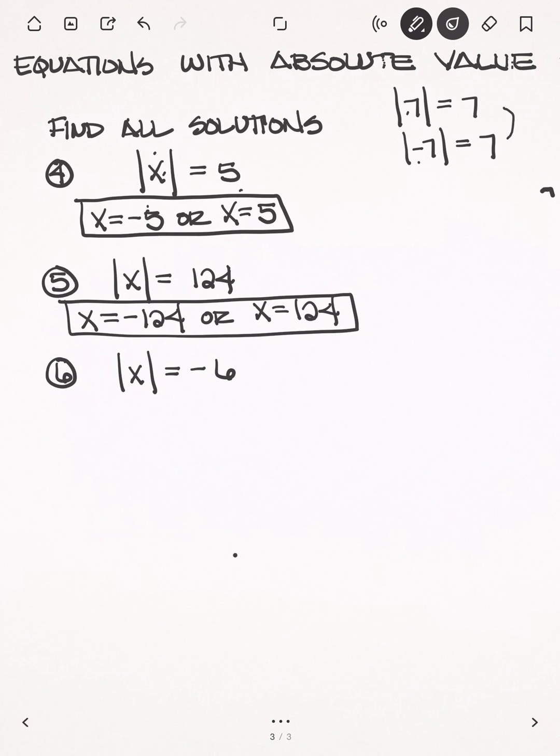So how are we going to take the absolute value of something and get a negative 6? What could we put in for x? Well, there's nothing we could put in for x and get a negative answer for an absolute value. So what would we say the answer is? We would say no solution.